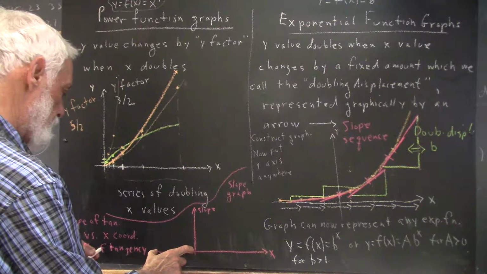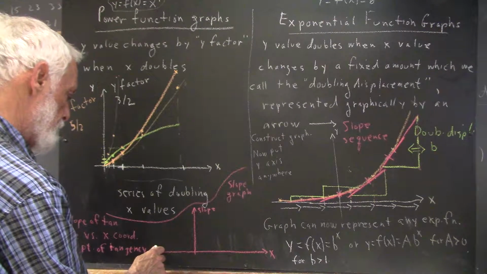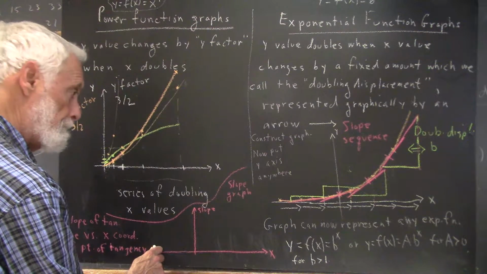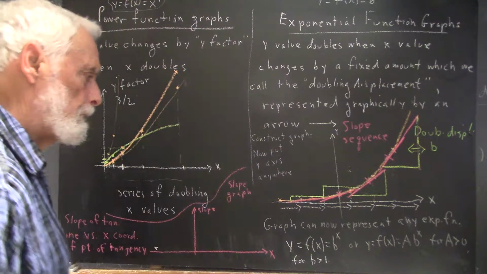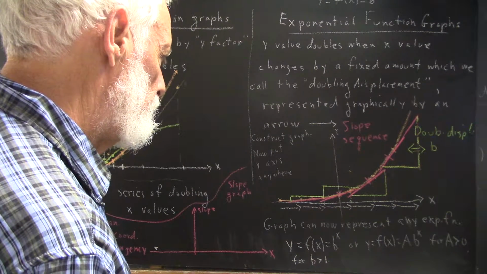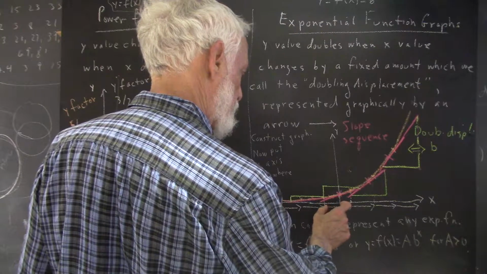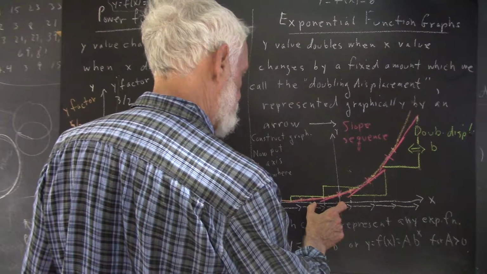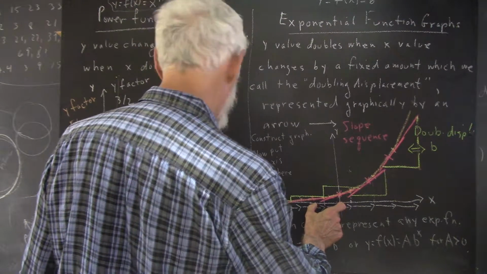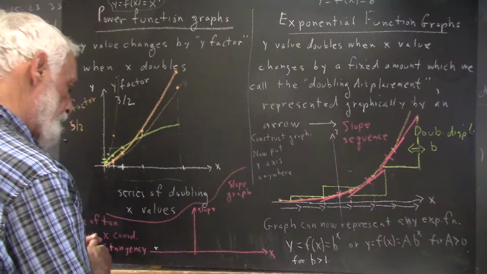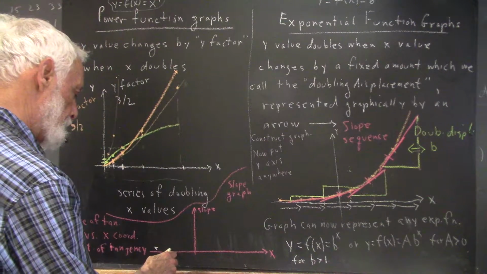So I'm going to put a point here. No, wait a minute. That's not right. That's a point that I used in constructing the graph. The point of tangency is here. So my x value would be about here, and I'm going to put a point here.